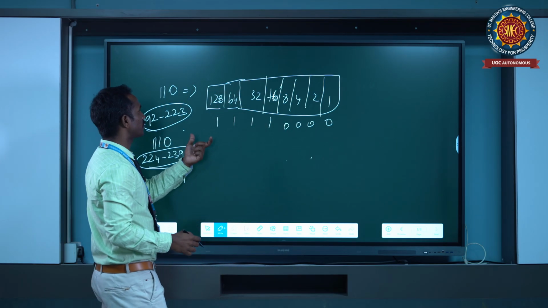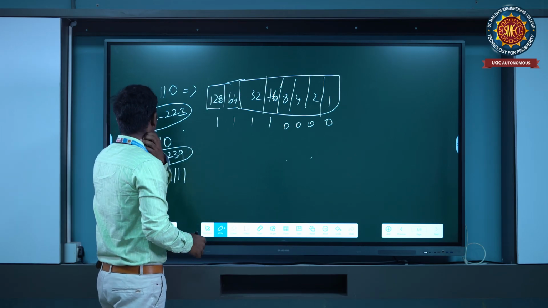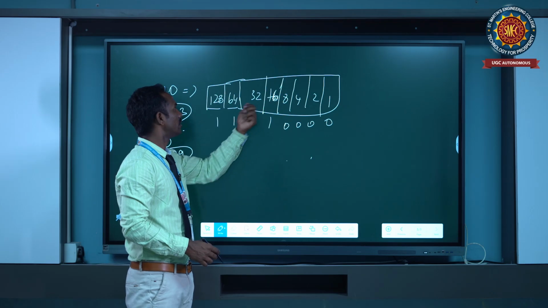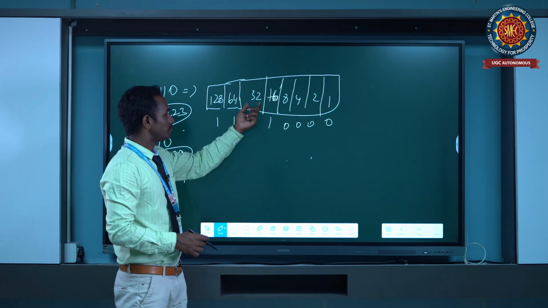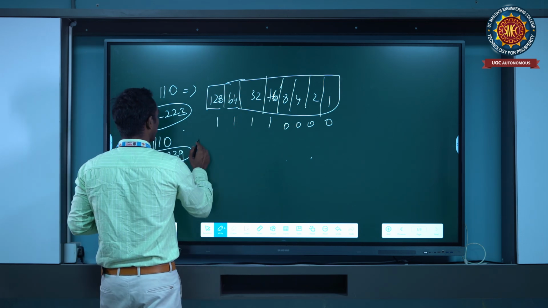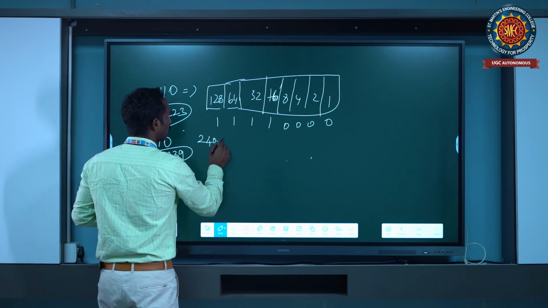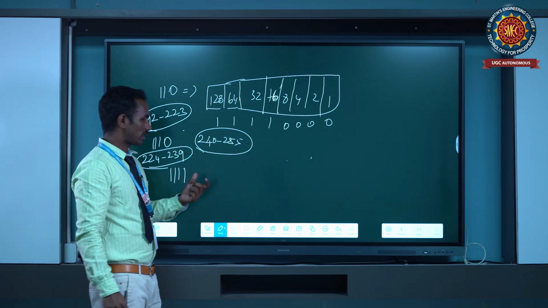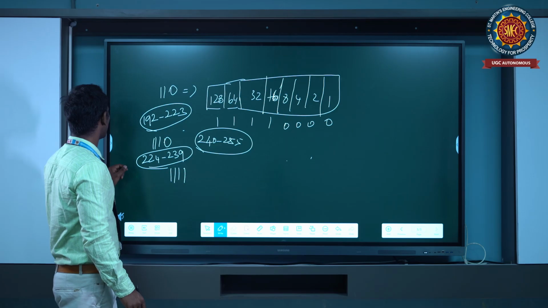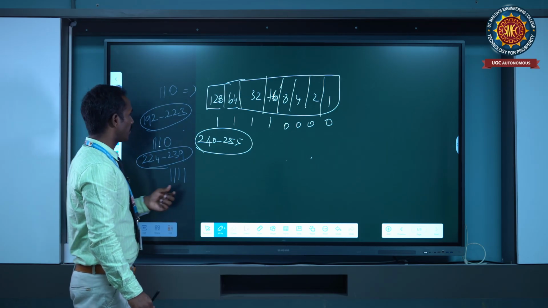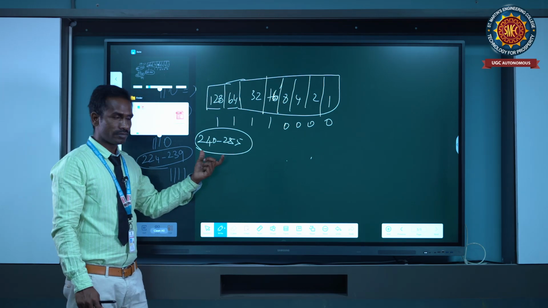So calculate this one. 128, 192, 224, 240, up to 255. That is the range. So the class A, class B, class C, class D ranges are there. That is how you should write it.